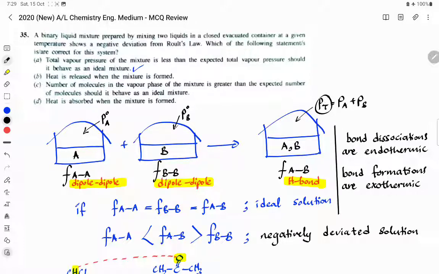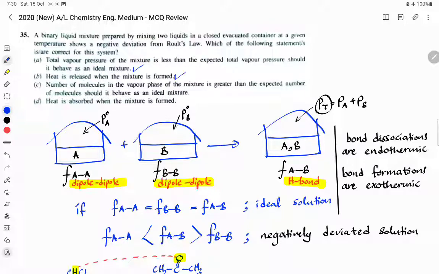So thermal energy is released here. Since weaker bonds are broken and stronger bonds are formed, the net result is that heat energy is released because the formed interactions are stronger. Therefore, this statement is also correct. Heat energy will be released.